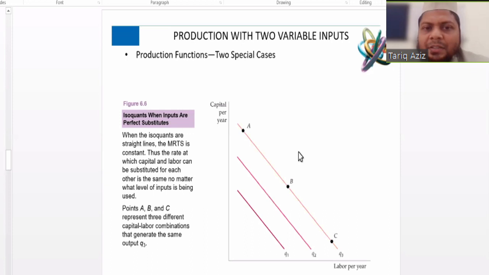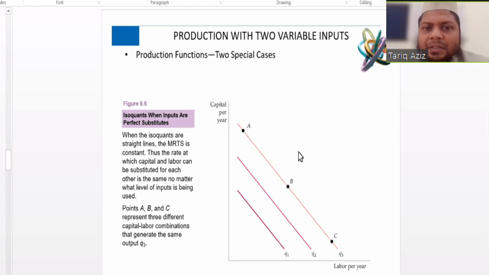Because only one combination of two inputs is possible. Capital cannot be replaced by labor, and similarly labor cannot be used in place of capital. So in that case, the isoquant will look like an L shape.